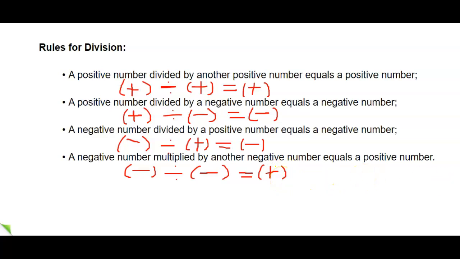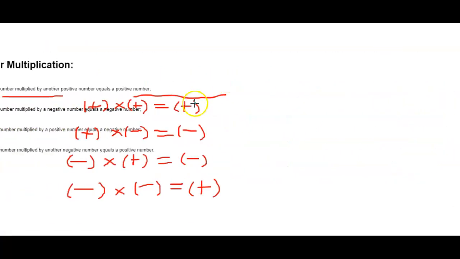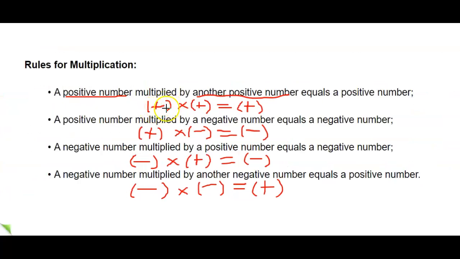So remember, a positive number multiplied by a positive number will always give you a positive number. Positive times negative equals negative. Negative times positive equals negative. Negative times negative equals positive.